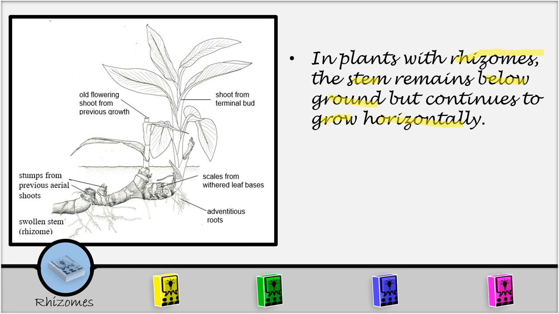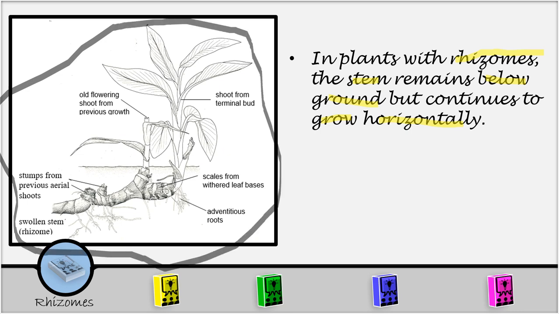So we are looking at rhizomes. And we are saying that rhizomes are stems that remain underground and they continue to grow horizontally.